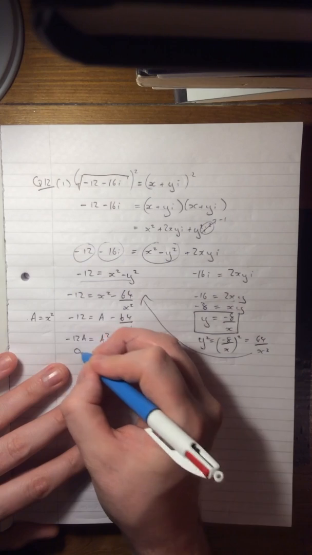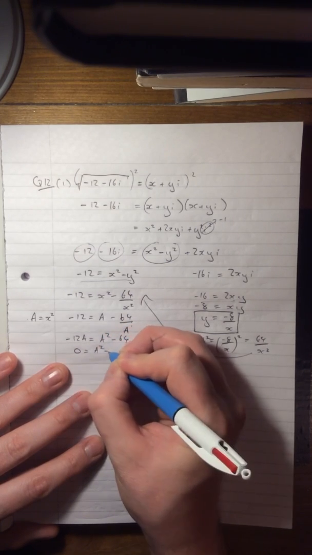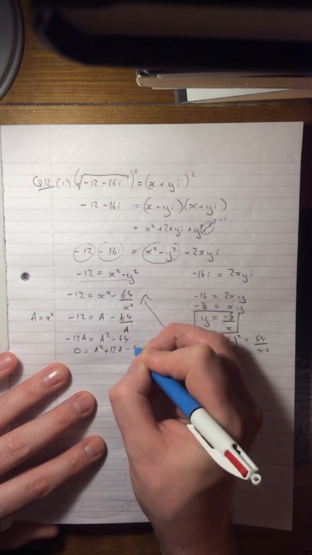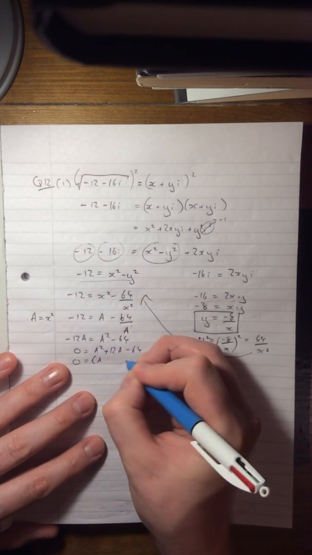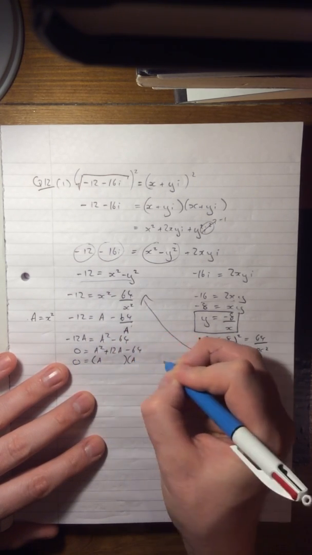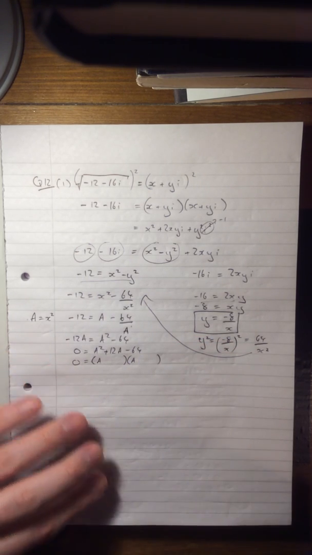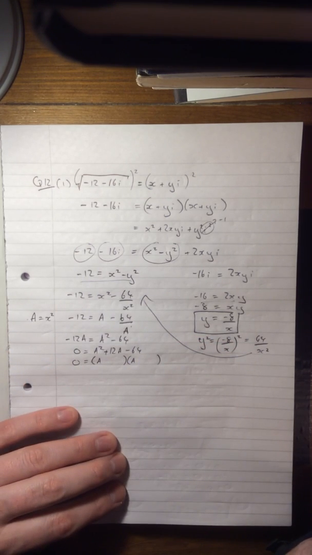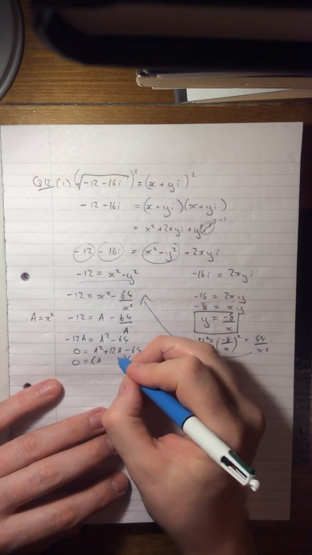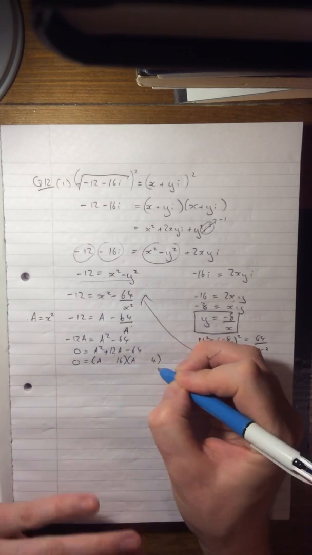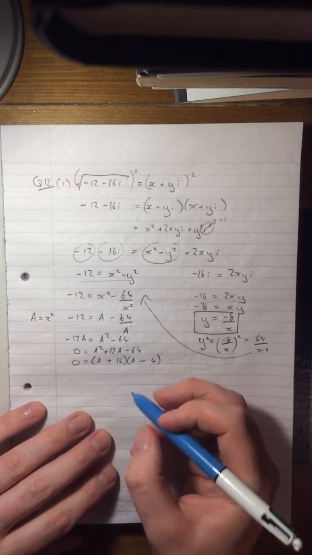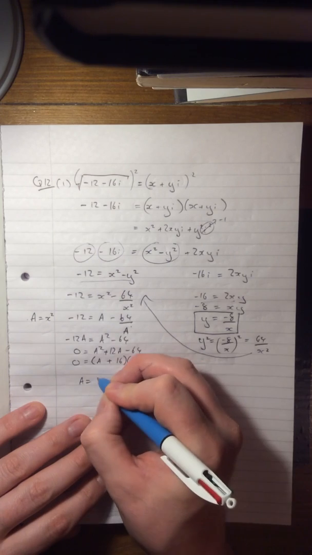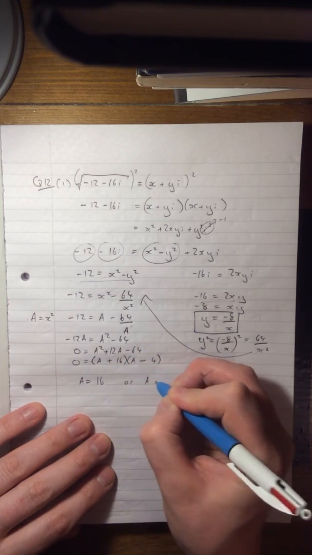And then that's going to be 0 is a squared plus 12a minus 64, which factorizes as a and a. Factors of 64 that add to 12. 16 times 4 is 64, so 16 and 4, plus 16 and minus 4. That'll do the job, which means a equals minus 16 or a equals 4.